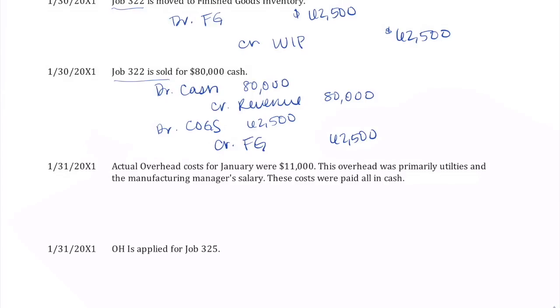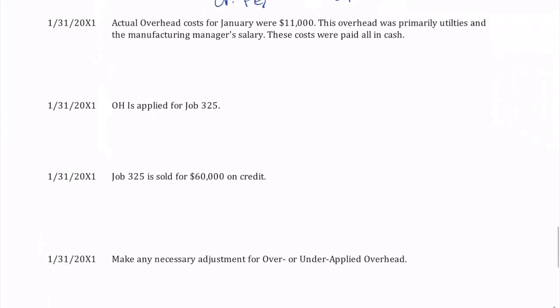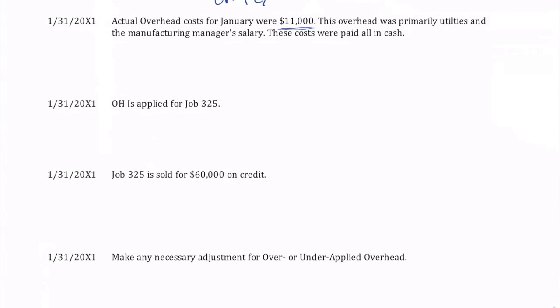All right. Next we have actual overhead costs for January are $11,000. This overhead is primarily utilities and the manufacturing manager's salary. These costs were all paid in cash. So think about that for a minute. Actual overhead costs for January were $11,000. What is happening there?